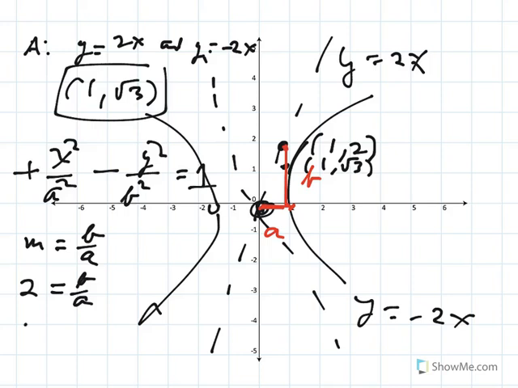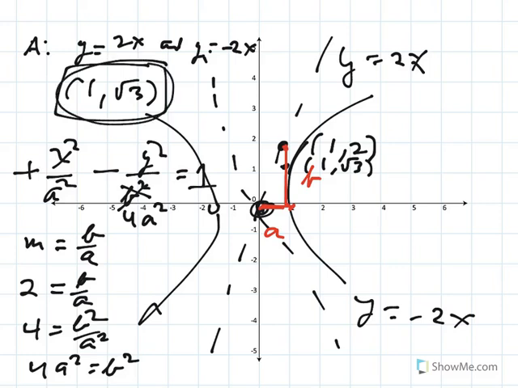Now, a good thing to do here is to square both sides and then multiply both sides by a squared. The reason that's a good thing to do is because then I can replace this b squared with 4a squared. So now I just have x, y, and a. Finally, I can take this point, (1, square root of 3), and plug it in for x and y. So I get 1 over a squared minus, when you square a radical 3, you get 3. So 3 over 4a squared equals 1.